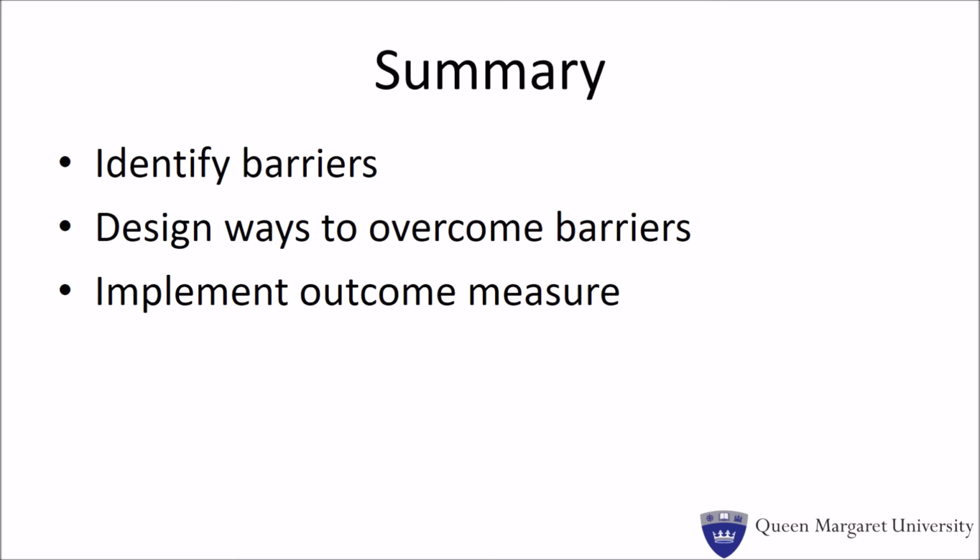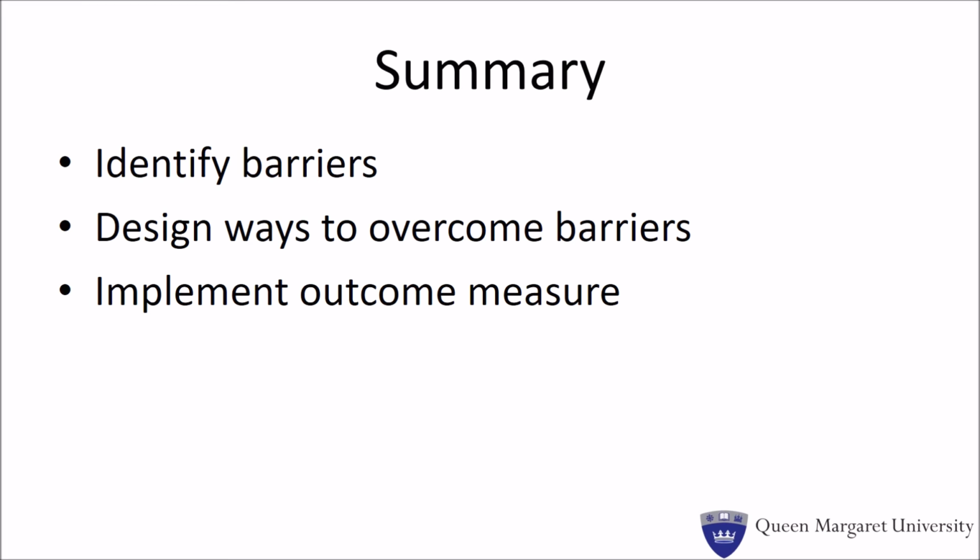So let's summarize some of the things that we've done for this mini lecture. Firstly, we've identified some common barriers, interestingly, common barriers that occur across practice settings. Secondly, we've looked at some of the steps we can do to overcome some of these barriers.